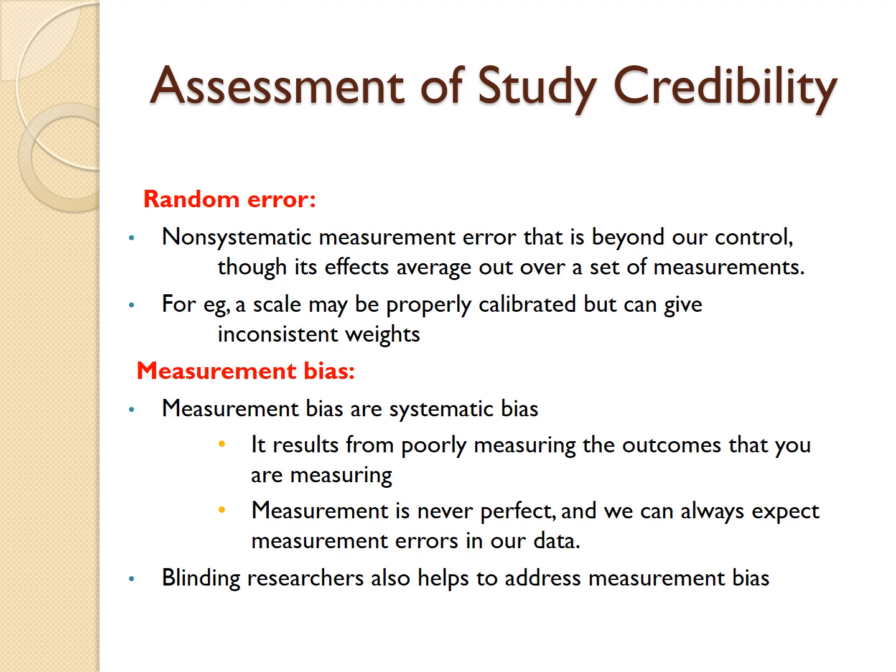Let's say if I am the investigator and if I know the control group and the experimental group, and if I'm also doing the pre-test and post-test measurements, I would be biased to look into some improvements in the experimental group.